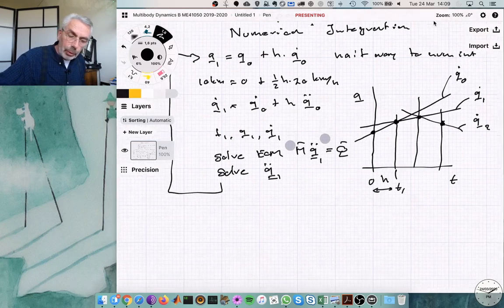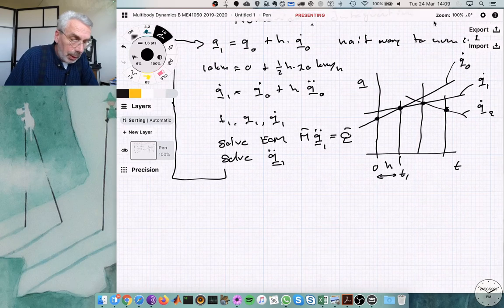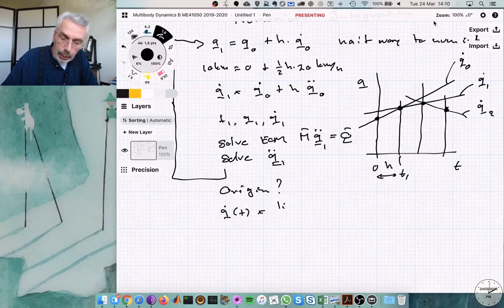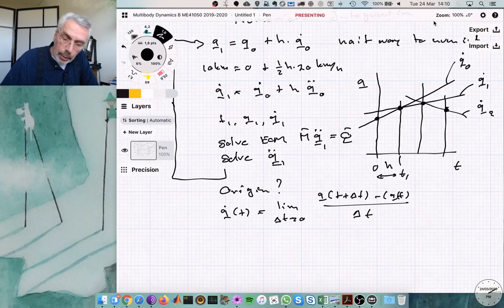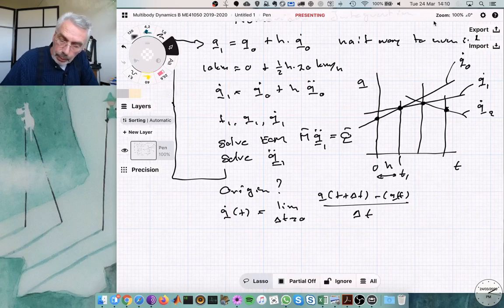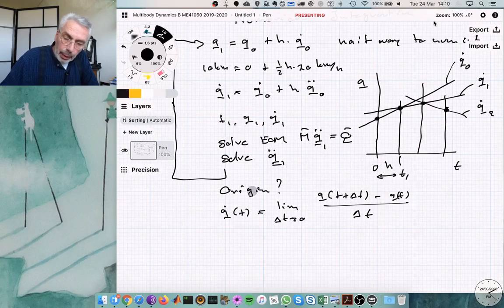Where does this find its origin? Well, we already saw that in the quiz. You could say, speed has a definition, right? So let's take this again: the limit of delta t to 0 of q at t plus delta t minus q at t, divided by delta t. And you could say, I can turn this formula around.